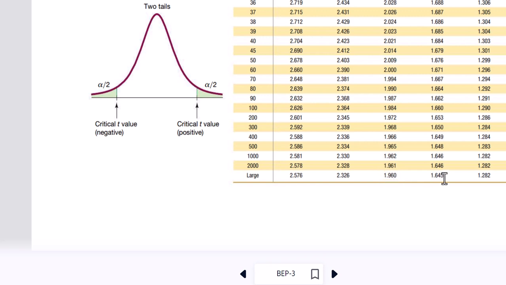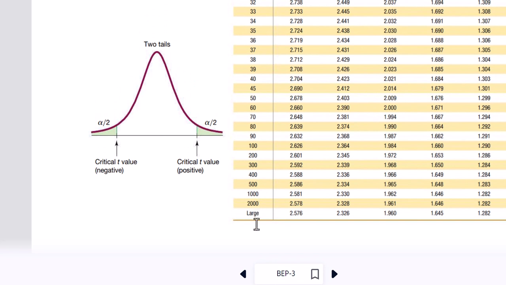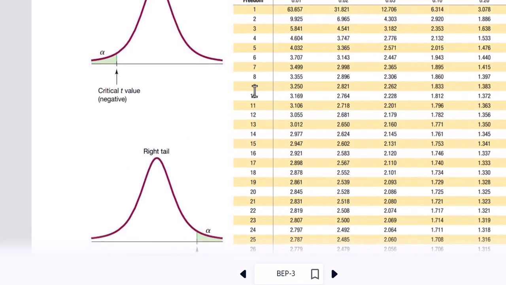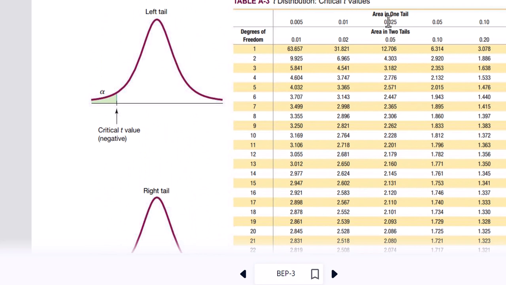For a 90% confidence interval, 1.645, and so on. So as your samples get larger and larger, the t distribution becomes the normal distribution. But when you have smaller samples, then the t multiplier is going to change depending on the sample size.